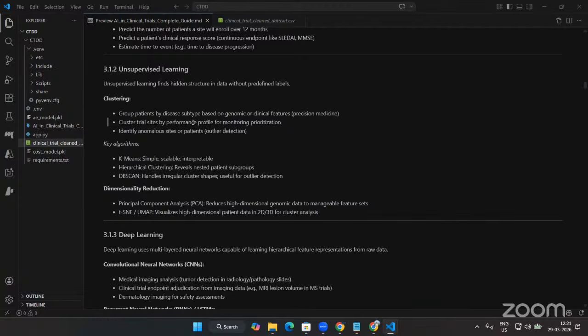So here we are doing grouping. That is basically a technique where we do not have the prior knowledge of how to classify or how to name.